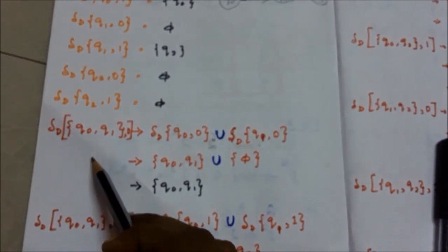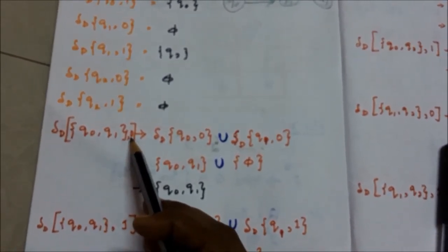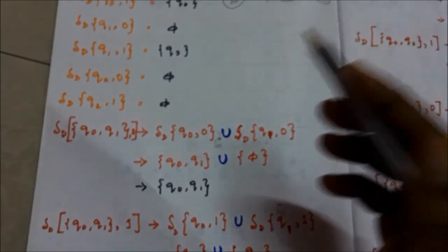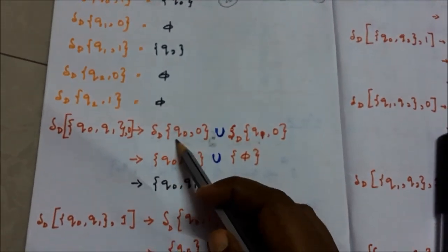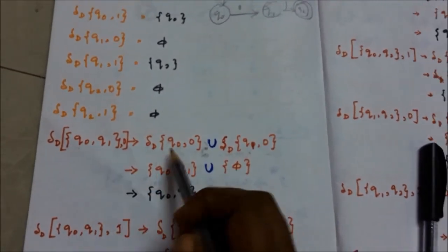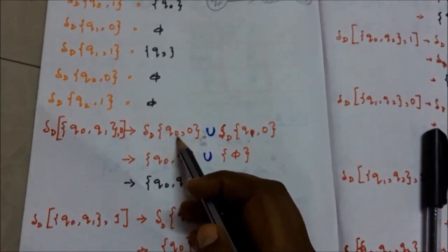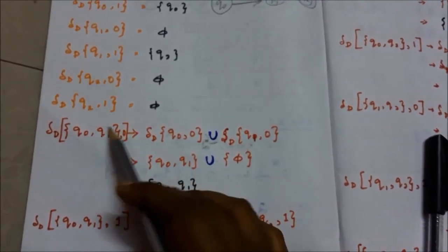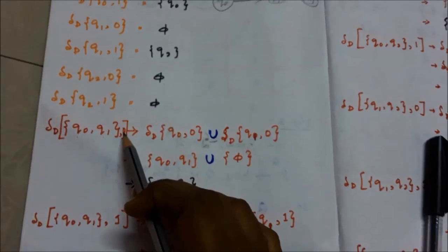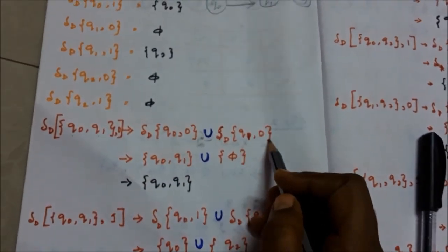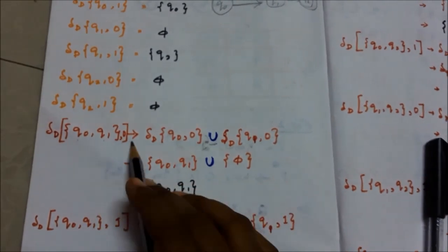So Q0 comma Q1, for the input of 0, we can simply add the transition functions, that is, we can split the Q0 and Q1. So transition function of Q0 comma 0 union, so we are going to add that particular Q0 and Q1, the input symbol 0, Q1 comma 0. So we have split this.